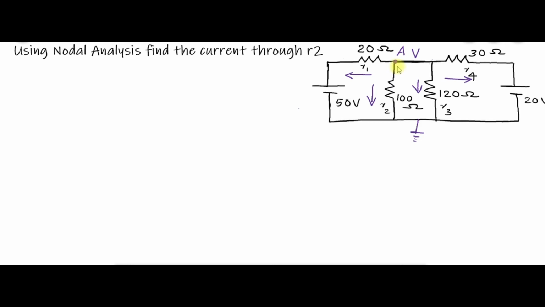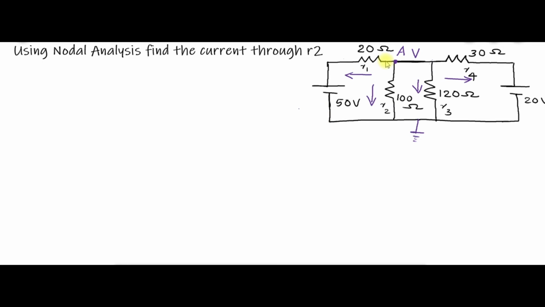Now we can write the nodal equation at this point. Considering this one, you can write V, which has a potential higher than any other potential. So V minus 50, divided by resistance, V by R will give you I. So V minus 50 divided by this R1 gives this branch's term in the nodal equation.